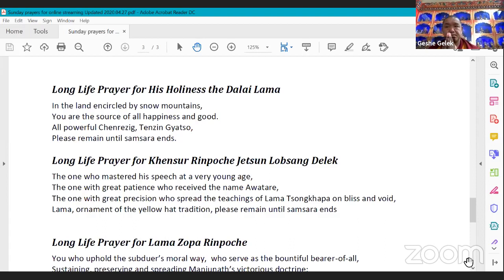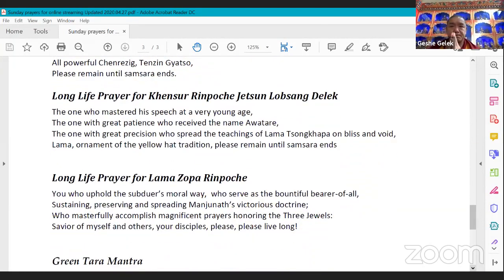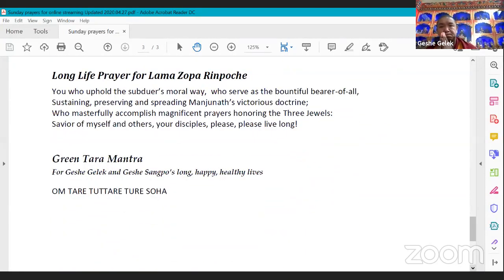Please remain until samsara ends. You uphold the subduer's moral way, who serve as the bountiful bearer of all, sustaining, preserving, and spreading the victorious doctrine. The masterfully accomplished magnificent prayers honoring the three jewels, savior of myself and others, your disciples, please, please live long.